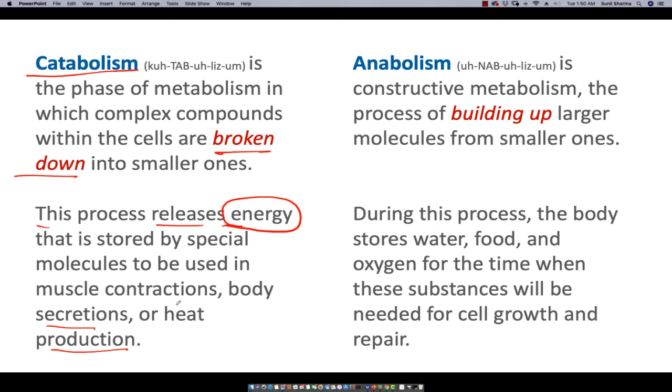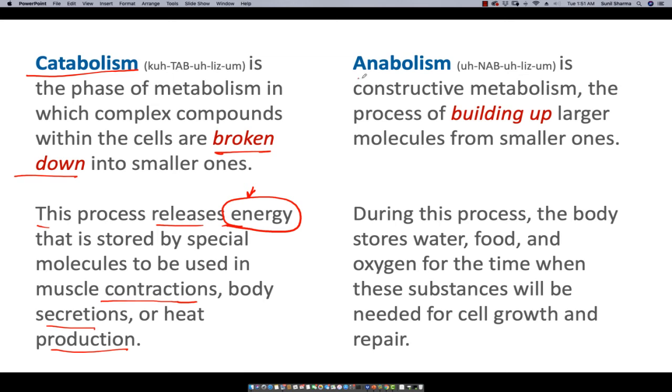As we said, the cells are continuously doing some function, and so they need energy. The energy comes in when the complicated molecules are broken, because the bonds in the molecules store a lot of energy. As these bonds are broken, there is a release of energy, and that energy is used for muscle contractions, body secretions, or heat production.